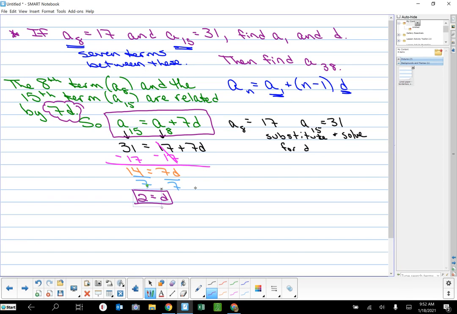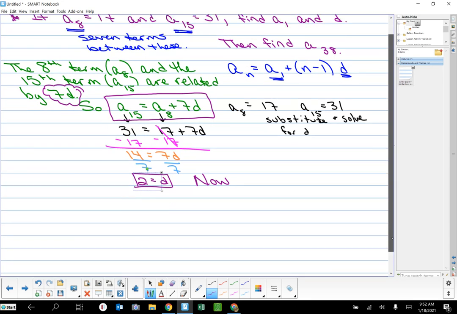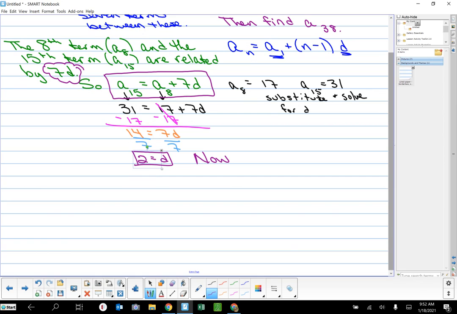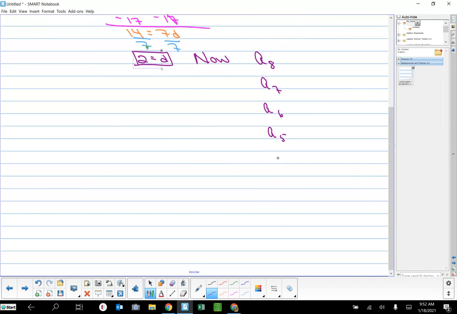Okay, so now what we're going to do is start at the lowest term we have. We have a sub 8, and we're going to go backwards, and we're going to get to a sub 1.